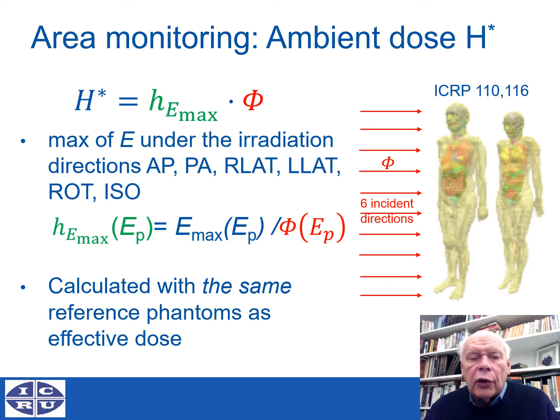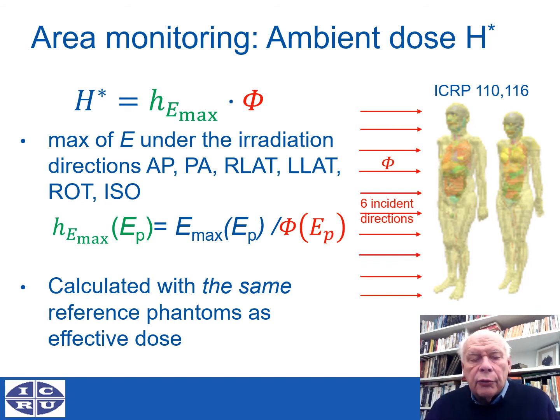Similarly, for area monitoring, the ICRU report recommends the introduction of the quantity ambient dose, H star, which again is defined as a product of a conversion coefficient and the fluence. And the way it's done is, in ICRP 116 there is a list of effective doses for all types of irradiations, or directions of radiation, and of course for all energies and for many different particles.